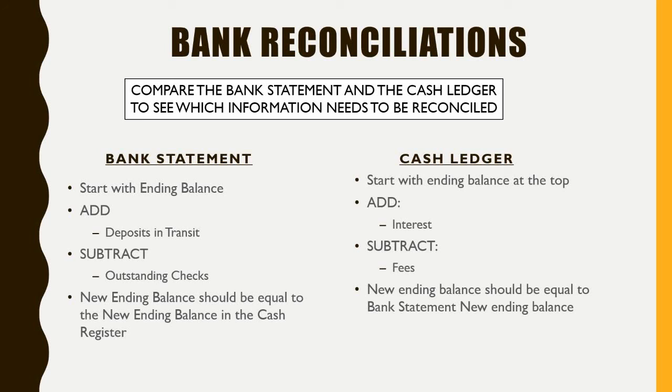Okay? So that's why it's very, very crucial that you keep good track of your bank account and that you always have access to it, to make sure what has cleared and what has not cleared. So the idea here is that we're going to take a look at: okay, what does the bank know that I don't know?